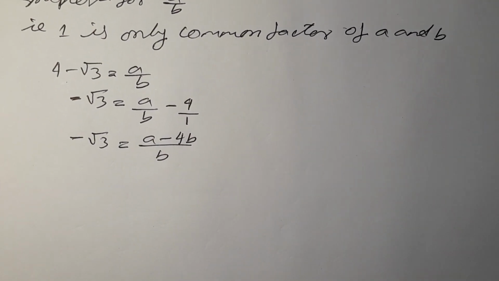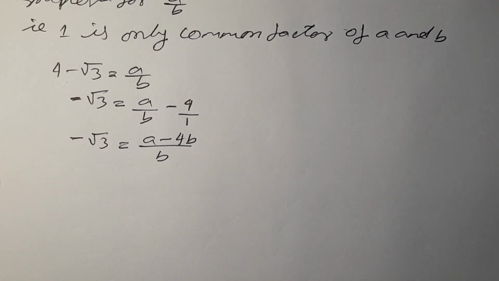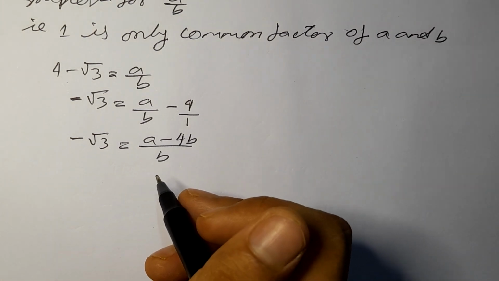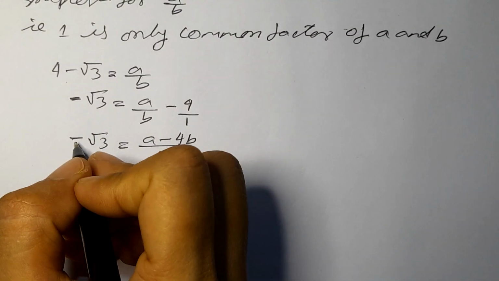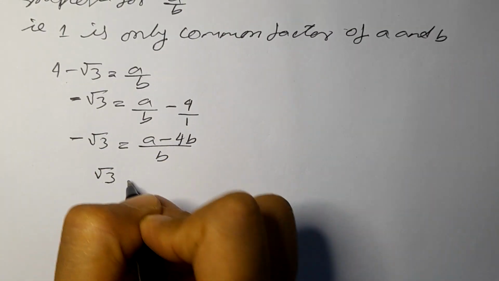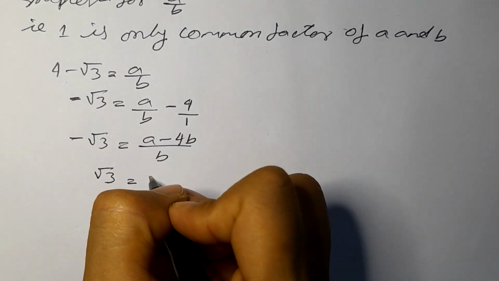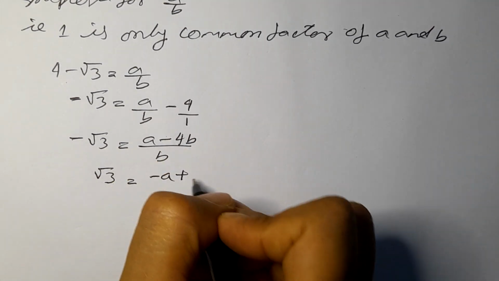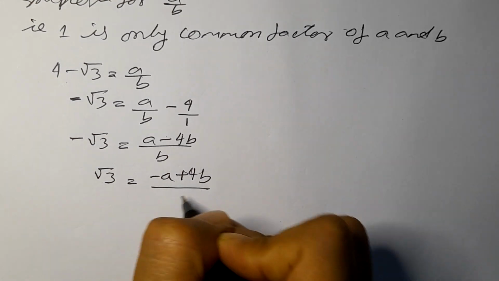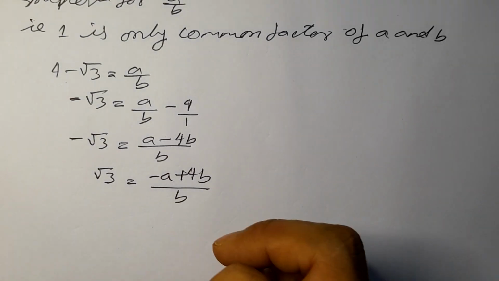We are going to multiply by negative. Whenever you multiply by negative, its sign will change in the top. So minus root 3 becomes positive, and a becomes negative, and negative becomes positive. Only change the sign in the top, not in the bottom.